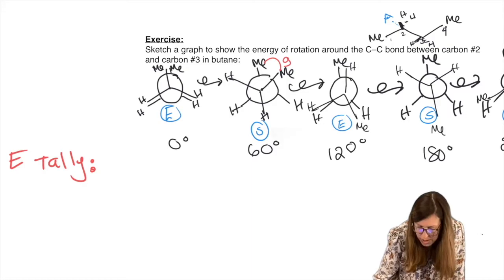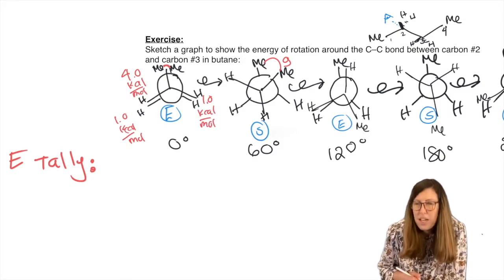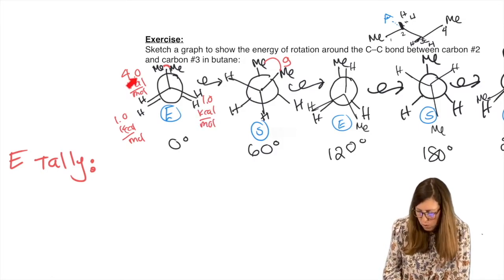So that was the highest energy value. This was worth a whopping 4.0 kcals. Eclipsed H's are 1.0, 1.0 kcals per mole. Sum that all up. 4 plus 1 plus 1 equals 6.